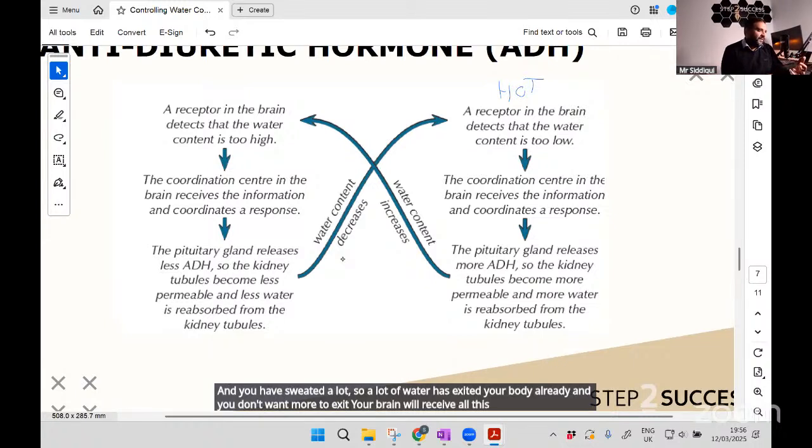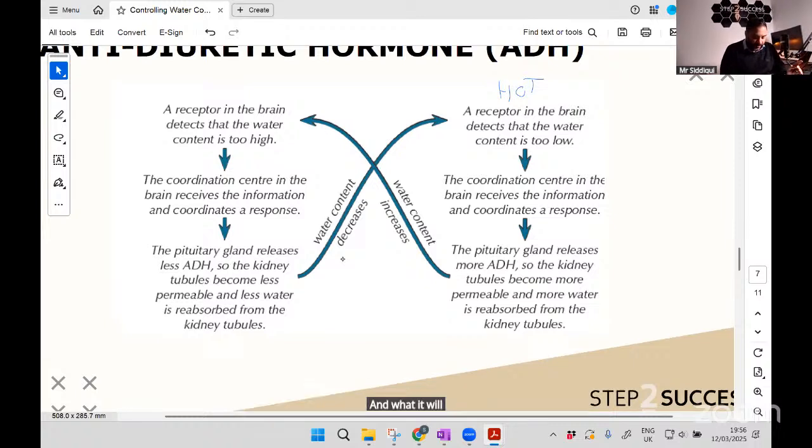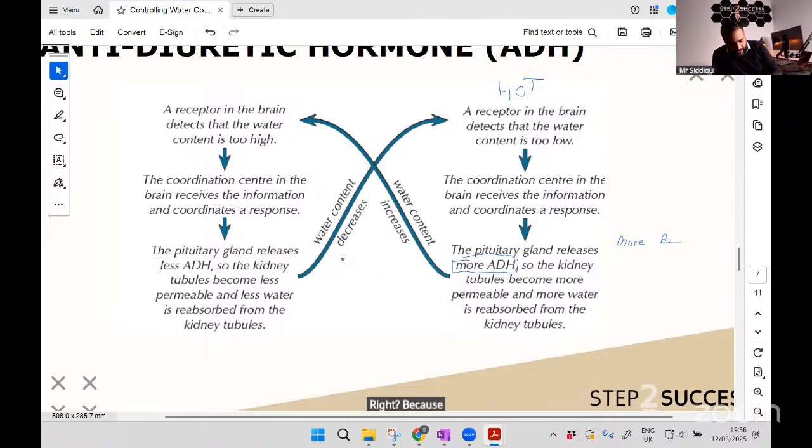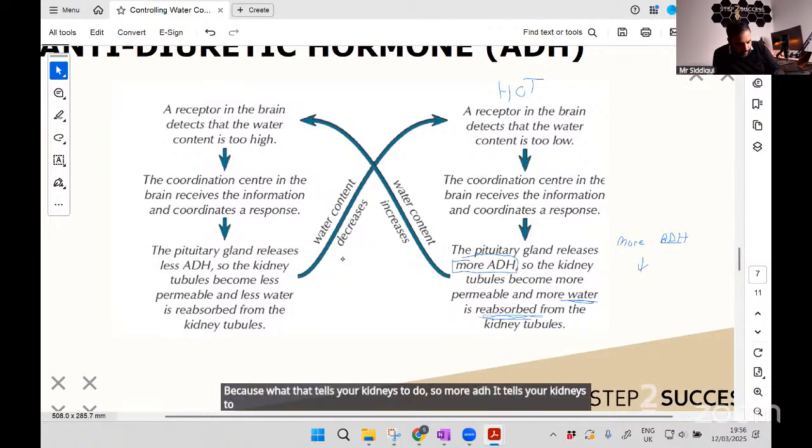Remember that whole nervous system stuff, like your brain receives the information. And what it will then do in response is release more of this hormone called ADH, right? Because more ADH tells your kidneys to reabsorb more water.